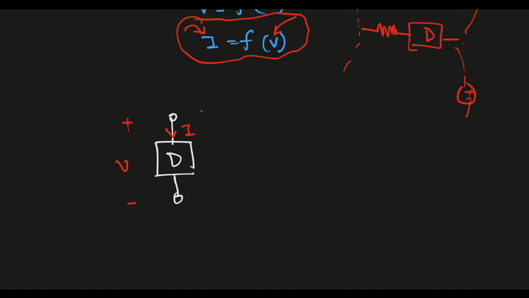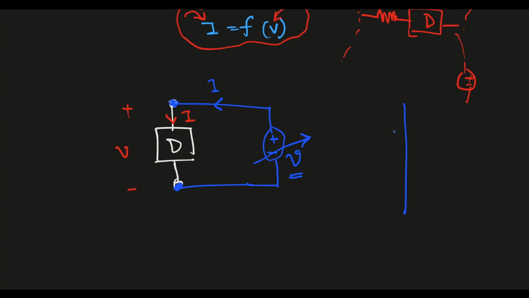So what we can do is we place a battery, say positive here, negative here. We connect a battery with this device and we vary the voltage of this battery. And for every voltage, we measure the corresponding current and we tabulate the data.